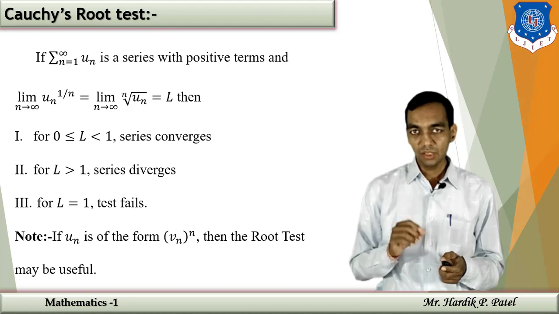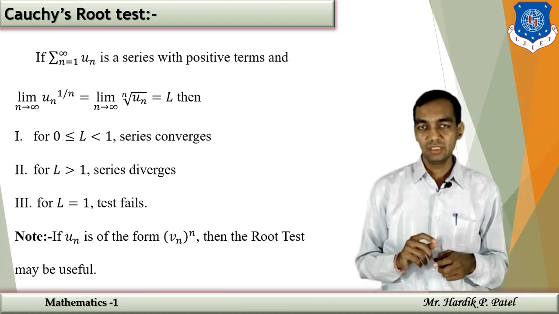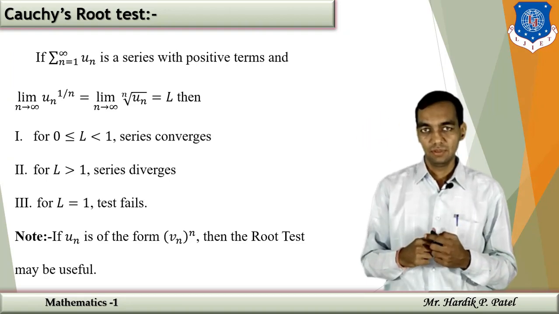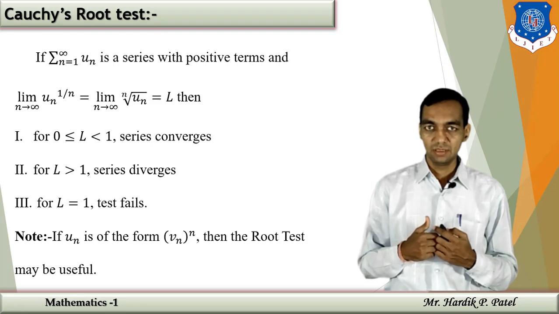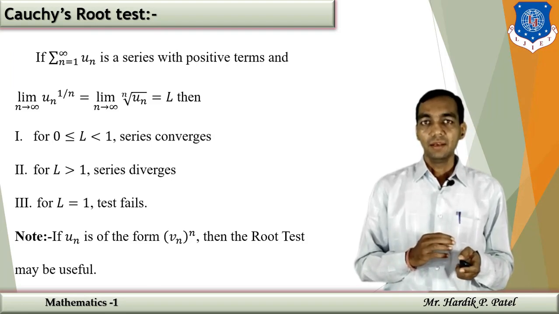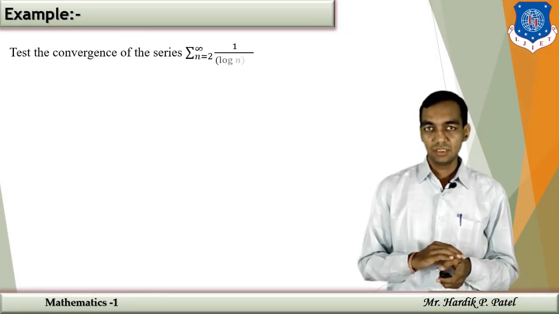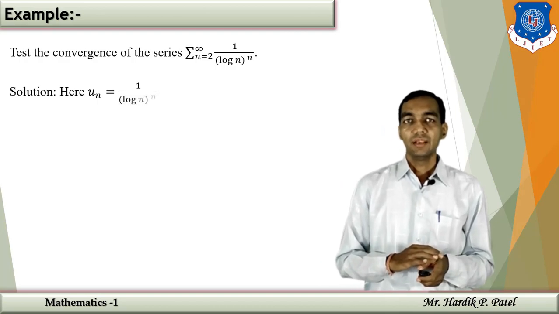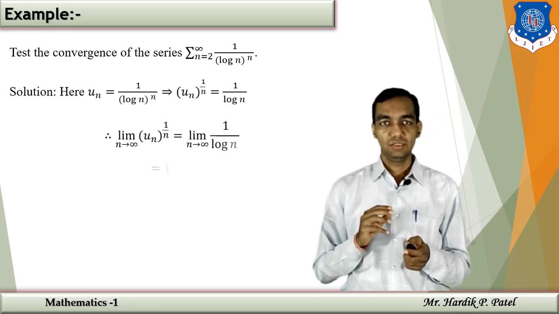Now, if un is of the form Vn raised to n, that means something raised to the power n, or some power of n, then we are going to apply Cauchy's root test. Going with the example, test the convergence of sigma n running from 2 to infinity of 1 upon log n raised to n.